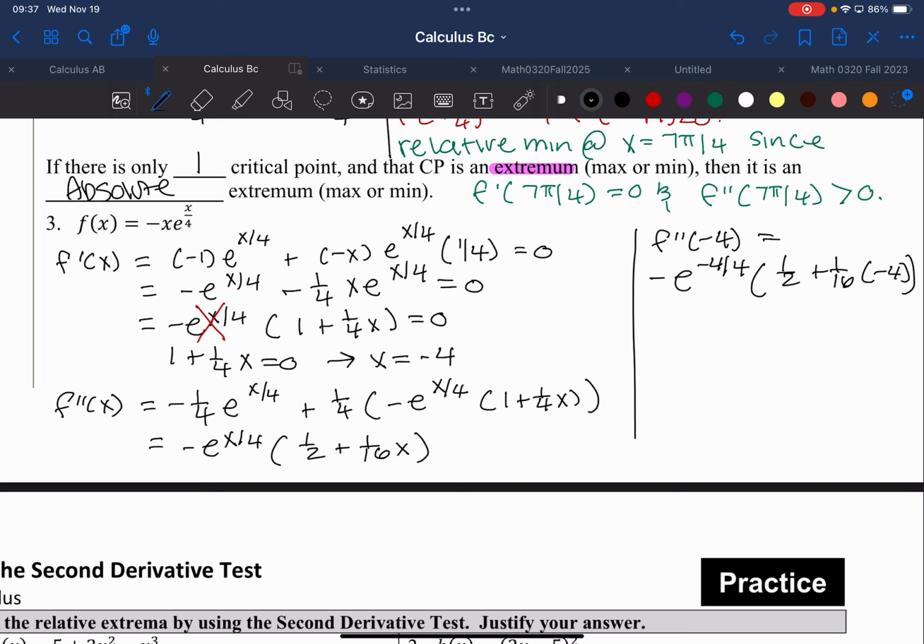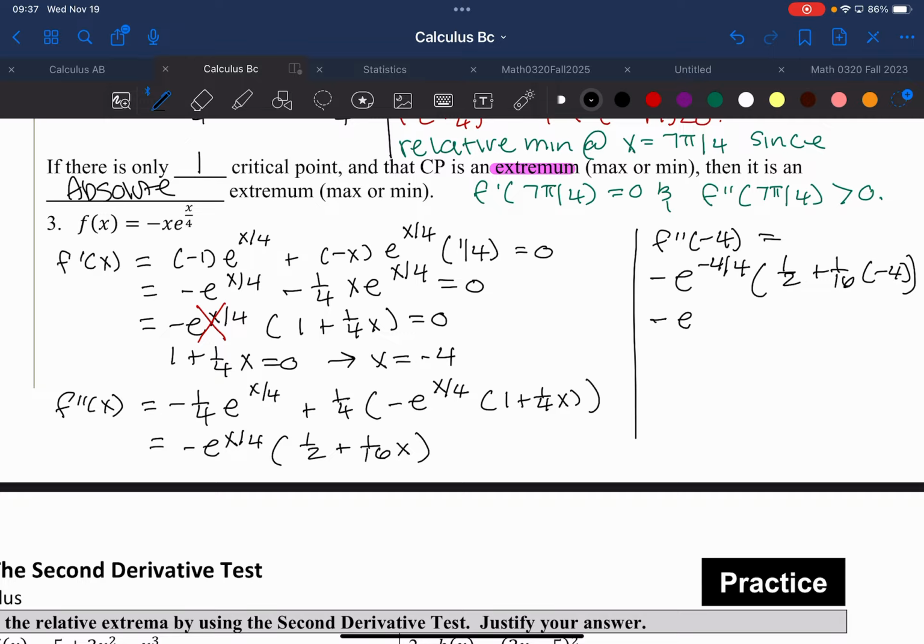This is going to give me negative e to the negative 1 times 1/2 minus 1/4, which gives me negative e to the negative 1 times 1/4.